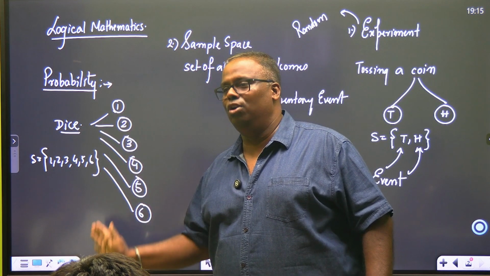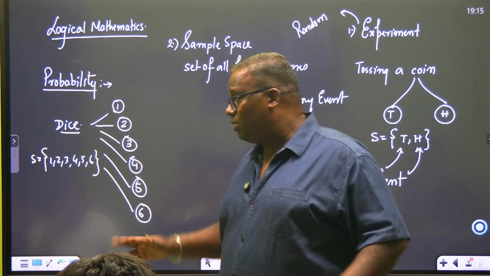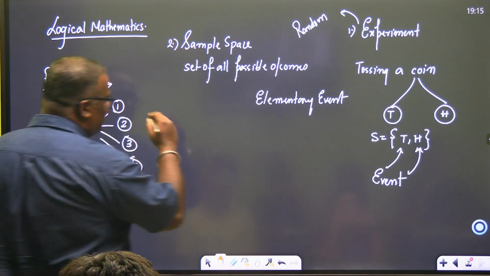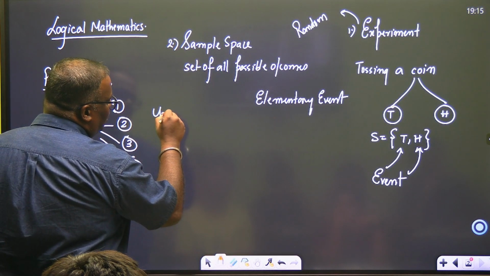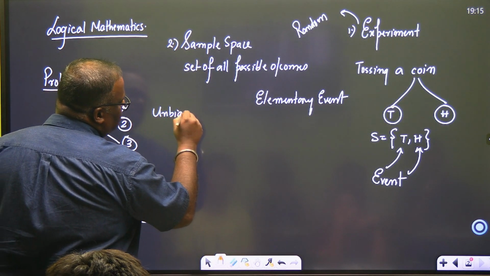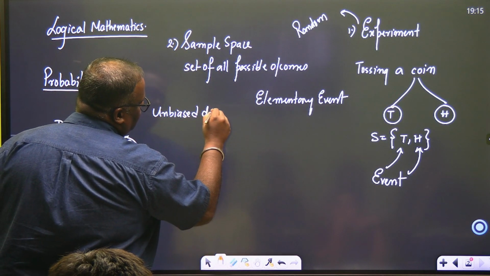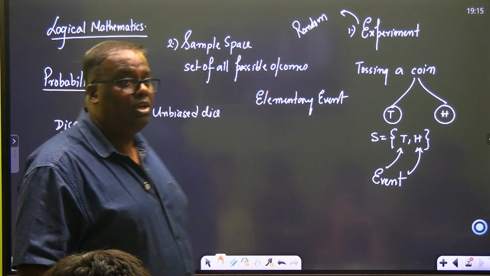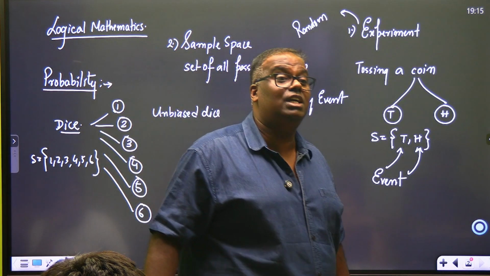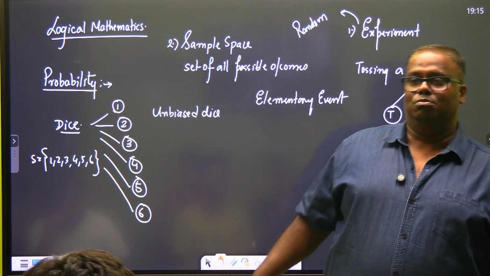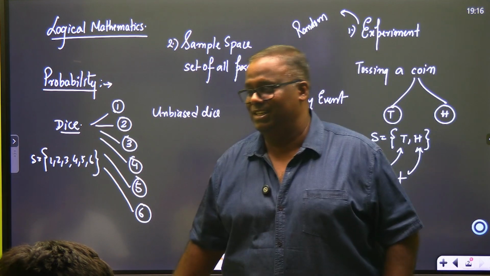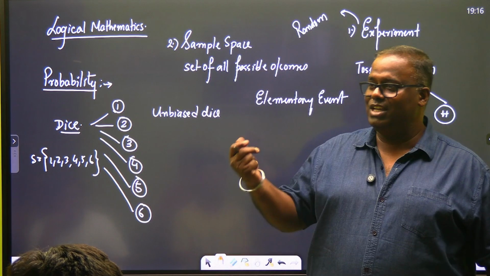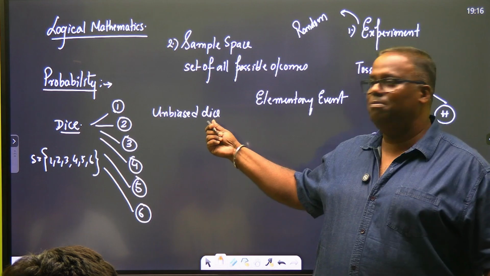So in such questions you will always hear in grade 10 the word unbiased dice. Unbiased dice means the dice with which you have not played mischief. In the Mahabharata, Shakuni had a biased dice. So his dice was biased. This is an unbiased dice. Have you understood?